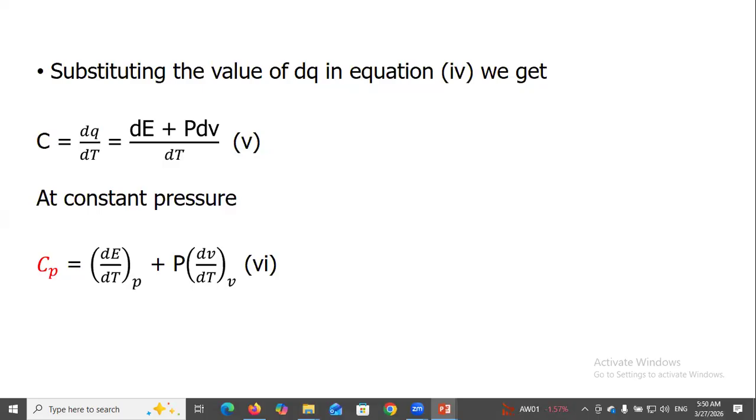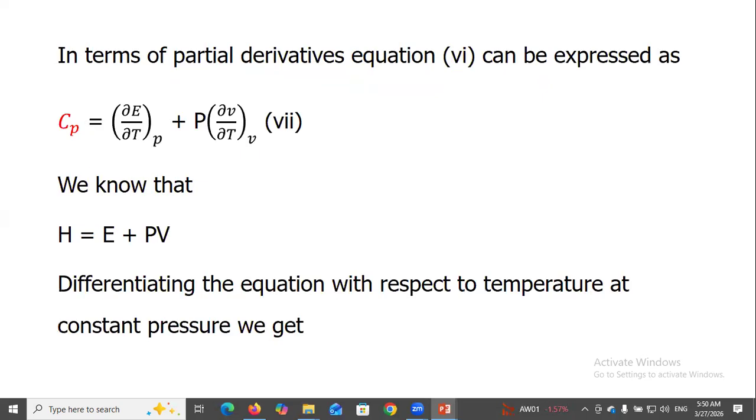At constant pressure, Cp equal to (dE/dT)p plus P (dV/dT), equation 6. In terms of partial derivatives, equation 6 can be expressed as Cp equal to (∂E/∂T)p plus P (∂V/∂T)p, equation 7.